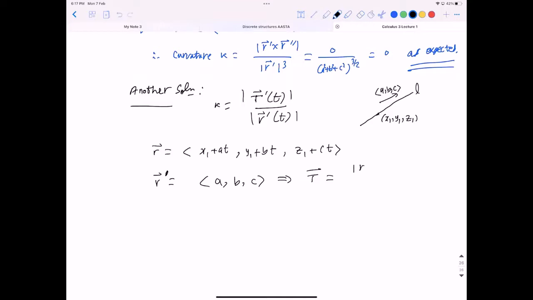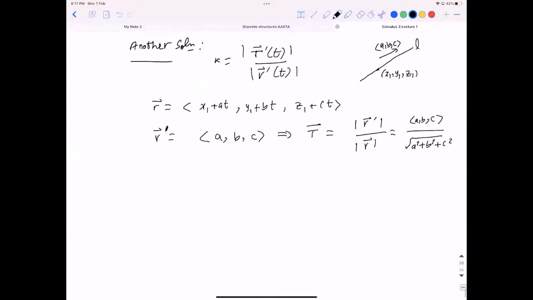Yes, the R dash vector over its magnitude to be a unit vector. So T is a, b, c divided by the square root of a squared plus b squared plus c squared. So this is T, and we need to find its derivative.